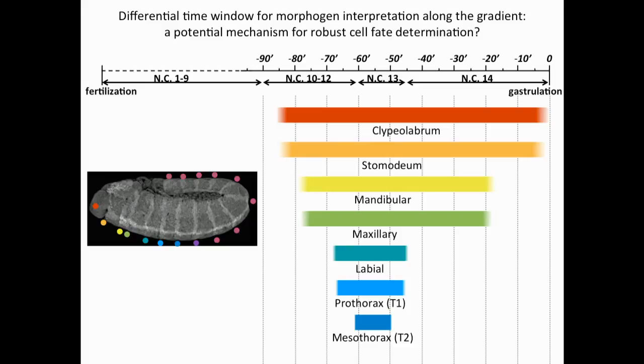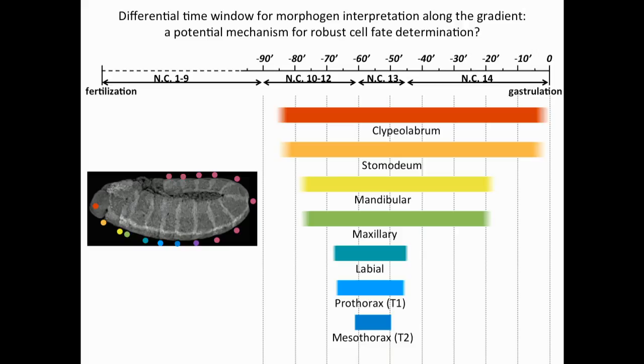If we consider the cell fate decision a continuous process, the colored bar here represents the time window required for bicoid presence in order to arrive at a correct cell fate decision. It seems that the most anterior structure is also the most demanding on bicoid presence because any small interruption of bicoid-dependent transcription would hamper its proper formation.